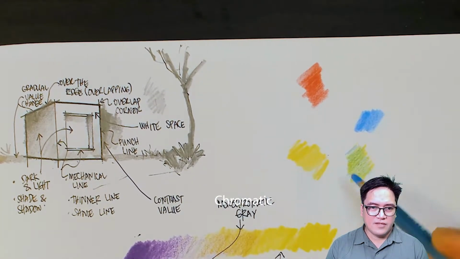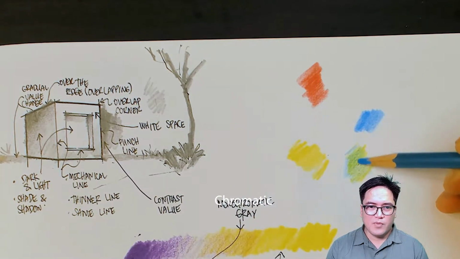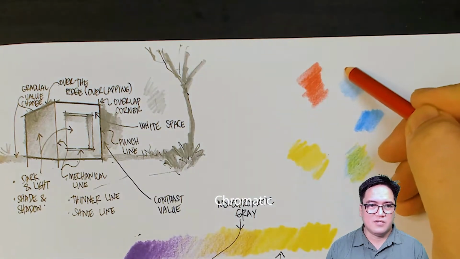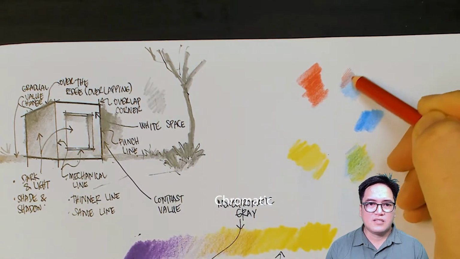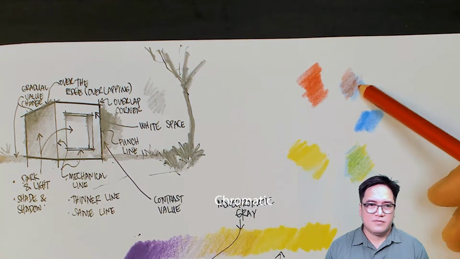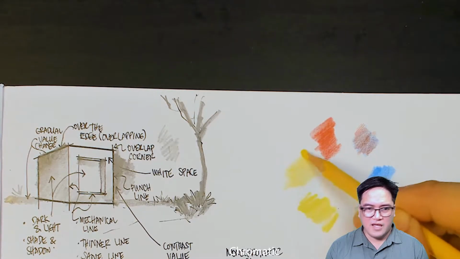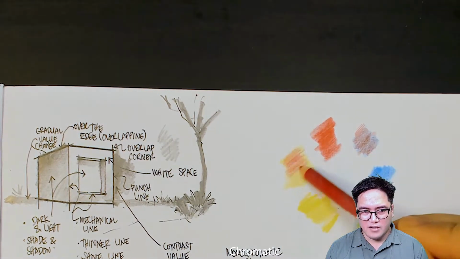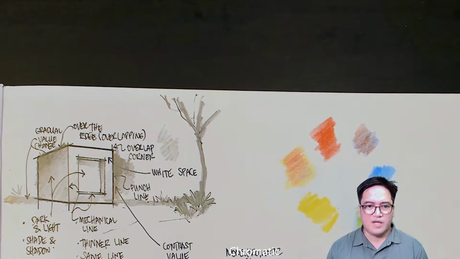To illustrate this, I'm going to do a very simple color wheel here. I started with the primary colors. Now I'm producing secondary colors. I'm mixing red and blue, which becomes violet. And now I'm mixing yellow and red, which becomes orange.